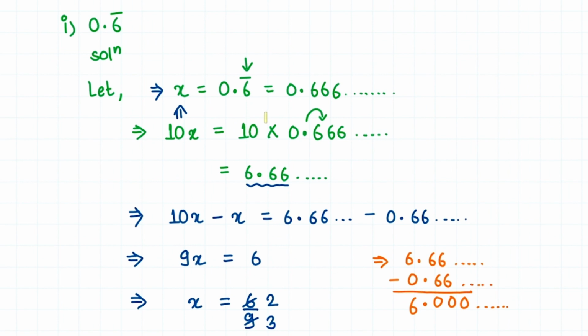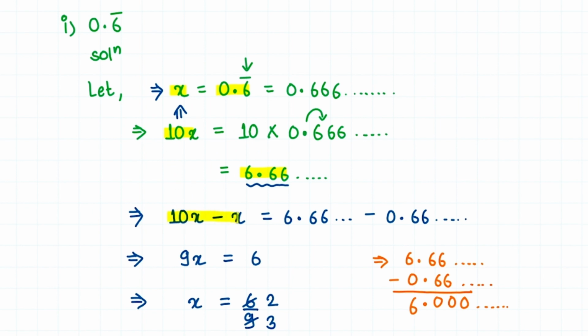So the trick to solve these kind of questions is not that difficult, right? First you just assume the given number as x, and then you multiply that x with the power of 10 matching the number of digits that are repeating in your decimal number. In this case, it was only 1 digit that was repeating, so we multiplied it with 10, right? And then you get a particular answer over here. The next step is you subtract those 2 numbers.